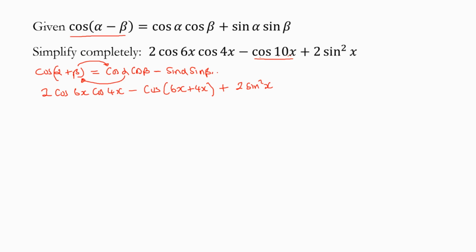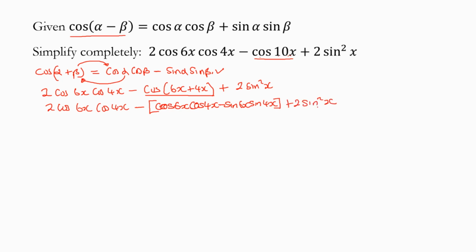Then using this identity here, this is 2 cos 6x cos 4x minus this part here, which is cos 6x cos 4x minus sine 6x sine 4x, and then plus 2 sine squared x.